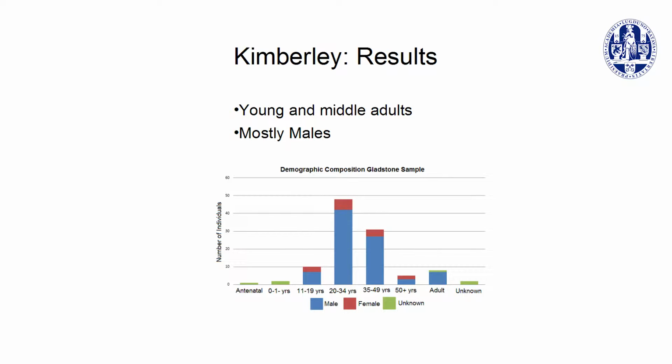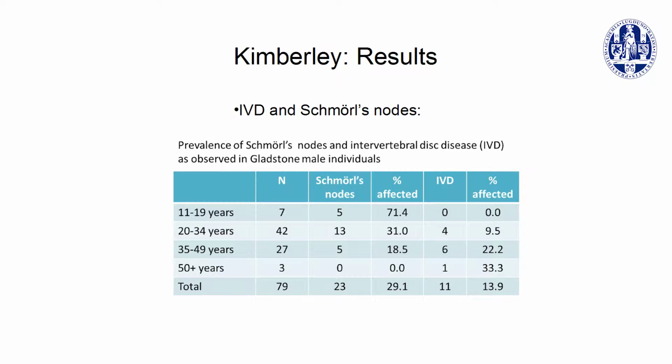After we did the demographic profiling of the population, we assessed the prevalence of degenerative disc disease and Schmorl's nodes in the collection. And in order to interpret the data, we reported that divided by sex and age group. Now, if you look at the Kimberley collection, they were mainly composed of young and middle adult males, and about 13.9% presented with degenerative disc disease and around 29% with Schmorl's nodes.